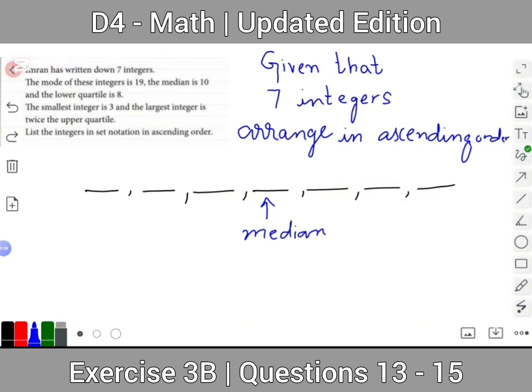Since median divides the 7 integers into 2 equal parts, on the left hand side of the median we have 3 positions, and on the right hand side we also have 3 positions.